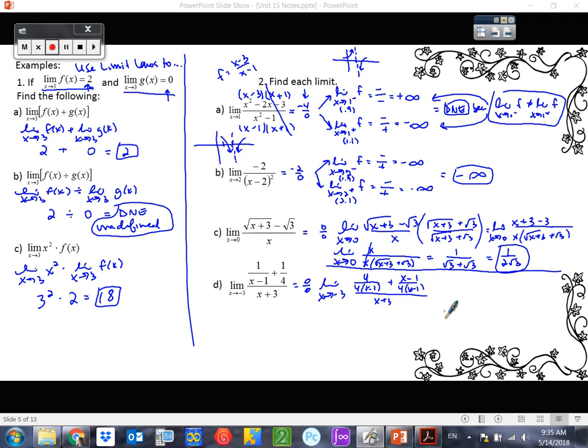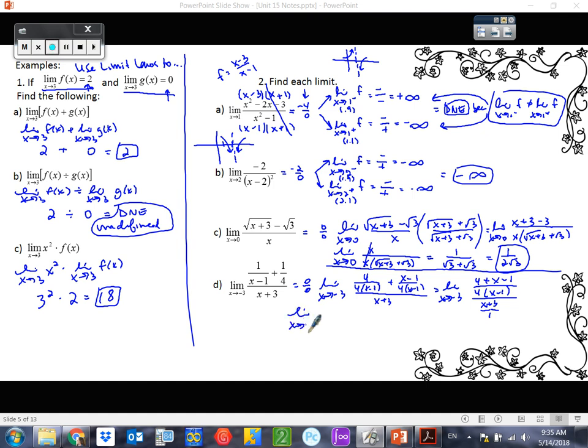Okay, is that okay? So let's add those fractions together. Limit as x goes to negative 3. So we have 4 plus x minus 1 over 4 times x minus 1 all over x plus 3 over 1. Okay. Is everybody okay? All right, let's keep going.